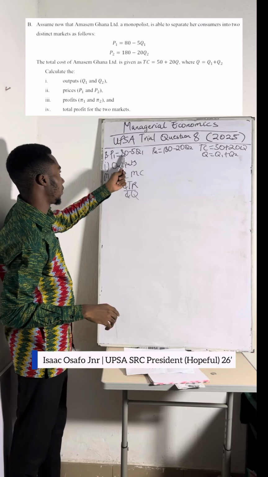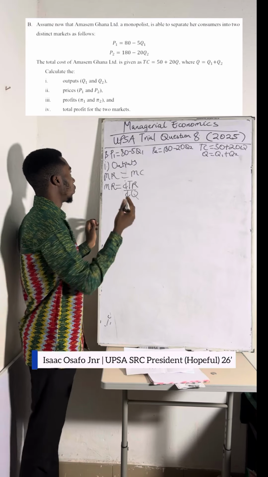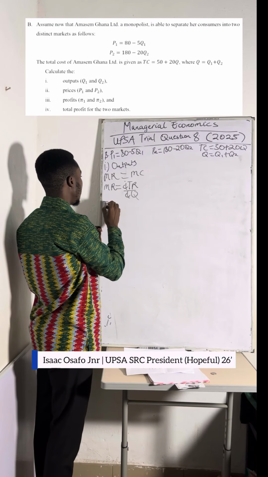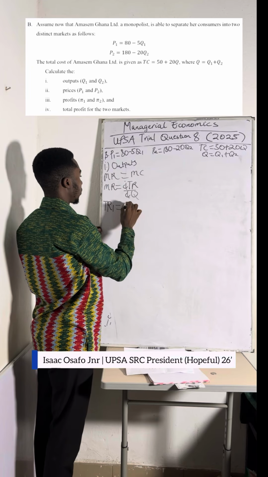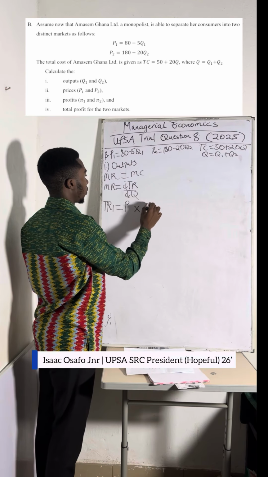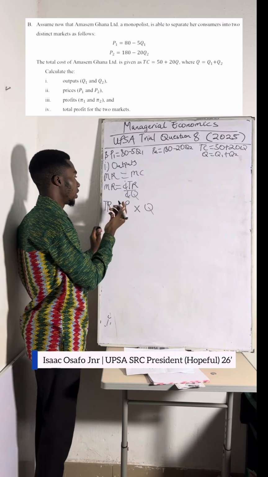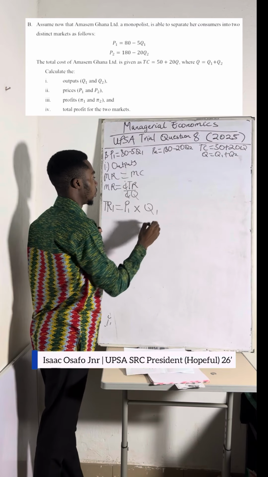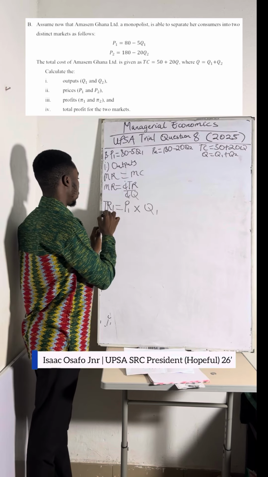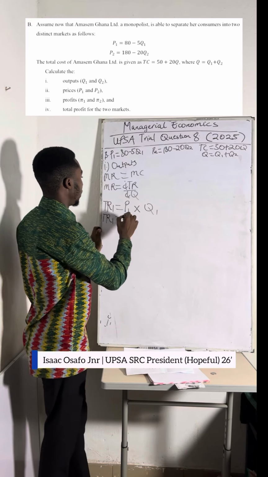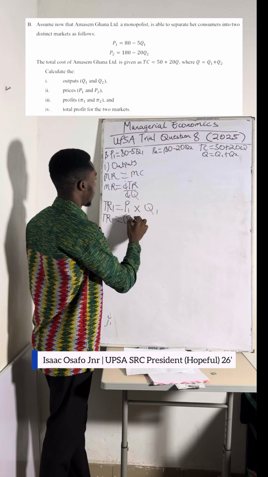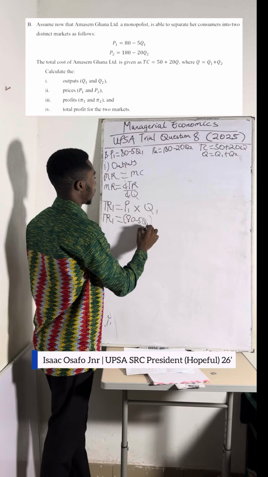So let's start with the total revenue for the first price, which is P1. So we are getting TR1, and that will give us price times quantity. So since it's TR1, it will be P1 times Q1. Do you get it? So our TR1 will be equal to P1, which is already here, 80 minus 5Q1, times Q1.